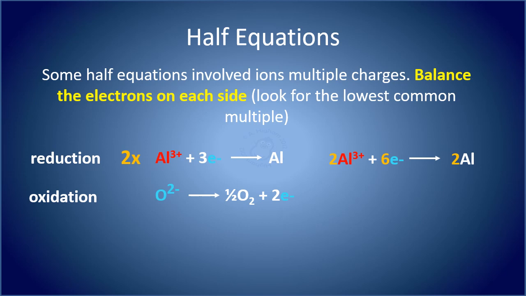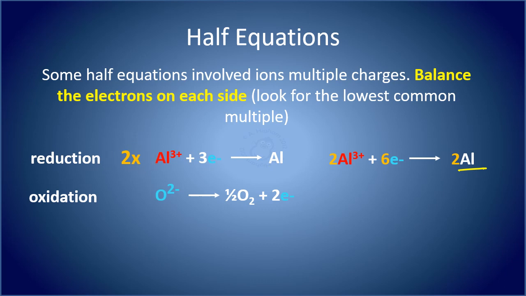So we end up with 2 aluminium 3 plus, 6 electrons, because those 6 electrons are 2 lots of 3 electrons, and the 2 Al is 2 lots of the aluminium, because we've doubled everything to get these electrons up to 6, the lowest common multiple.